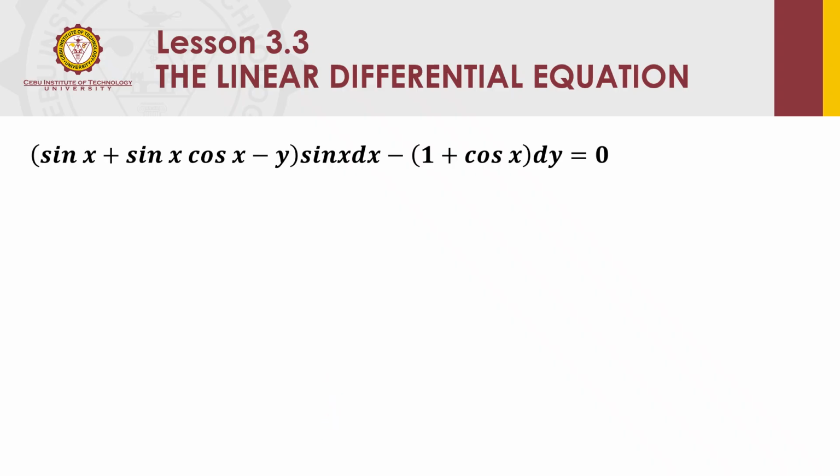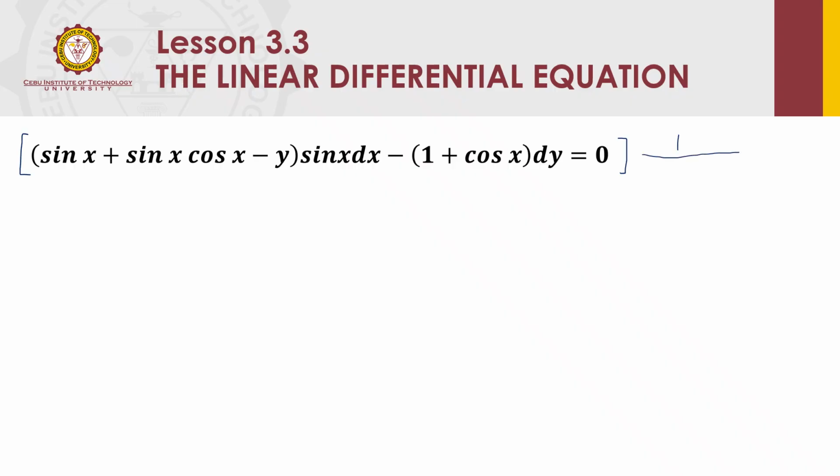So for this one, let's try dividing the entire equation by 1 plus cosine x, or if you consider the negative sign here, it's negative of 1 plus cosine x.